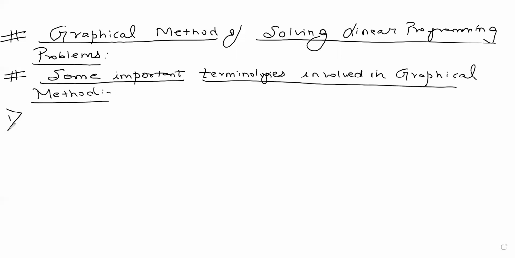So the first one, feasible region. What is meant by a feasible region?